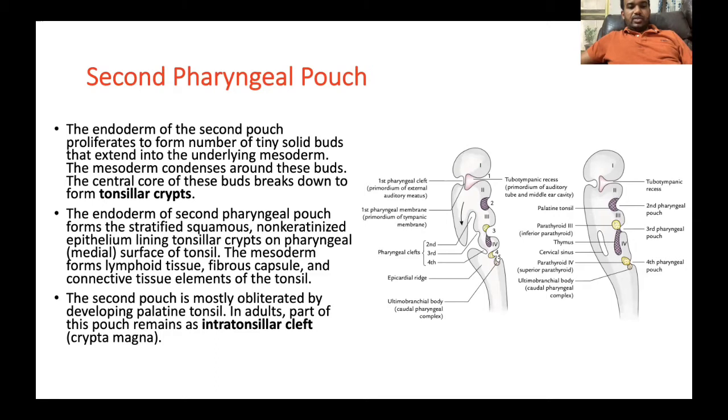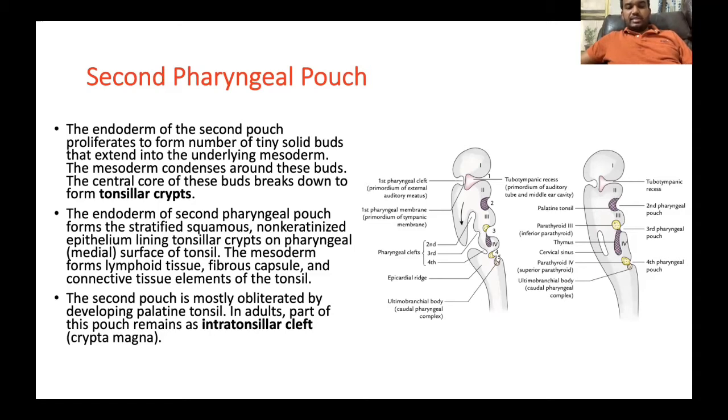Next, the endoderm of the second pharyngeal pouch forms a stratified squamous, non-keratinized epithelium lining the tonsillar clefts on the pharyngeal surface of the tonsil. The mesoderm forms the lymphoid tissue, fibrous capsule, and the connective tissue elements of the tonsil. So the second pouch is mostly obliterated by the developing palatine tonsil.